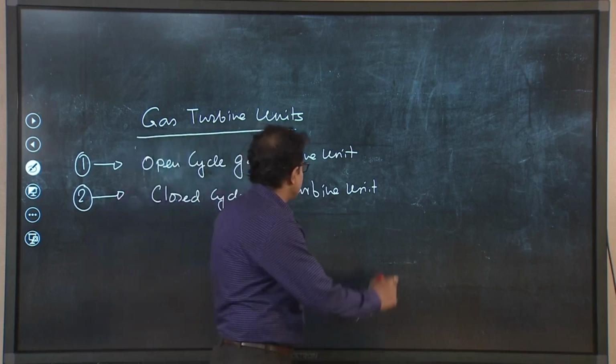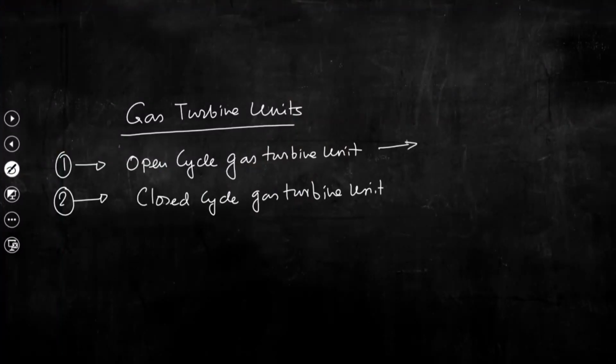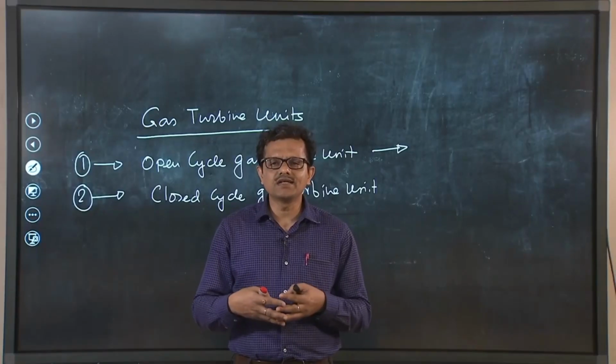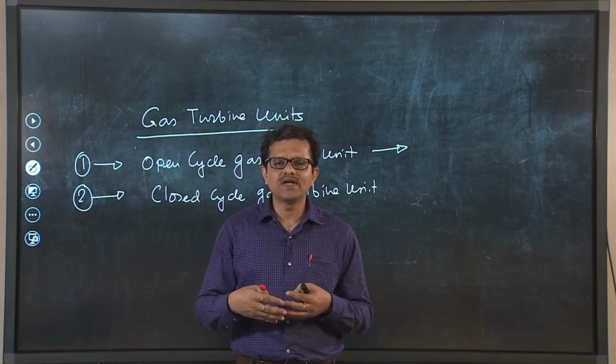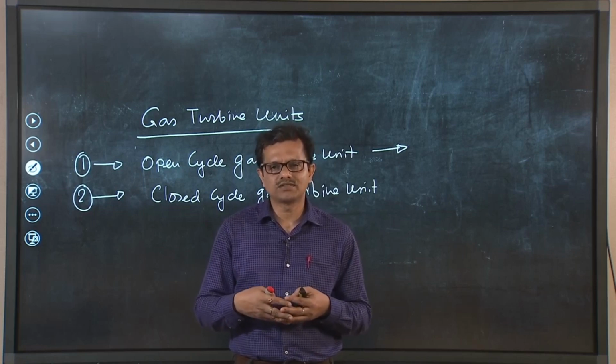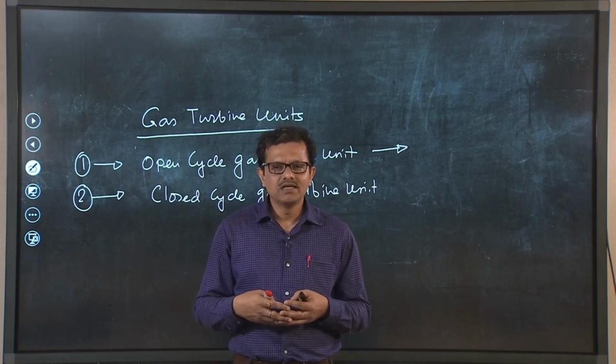I would like to mention here, like Otto cycle is used to compare the performance of a petrol engine, diesel cycle is used to compare the performance of a diesel engine, Rankine cycle or modified Rankine cycle is used to compare the performance of a steam power plant.